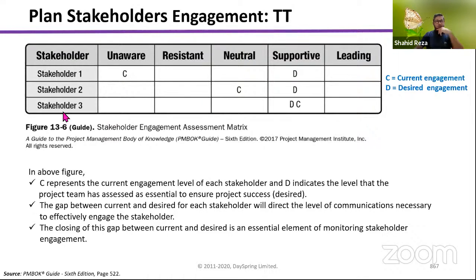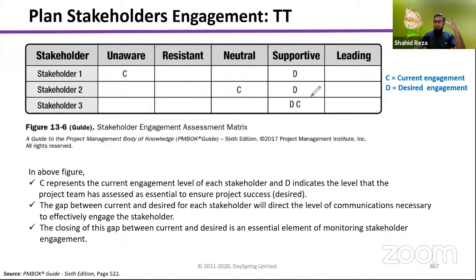All right. When we are analyzing using this assessment table, we are trying to understand where this stakeholder 1 actually exists now. C means current engagement level.